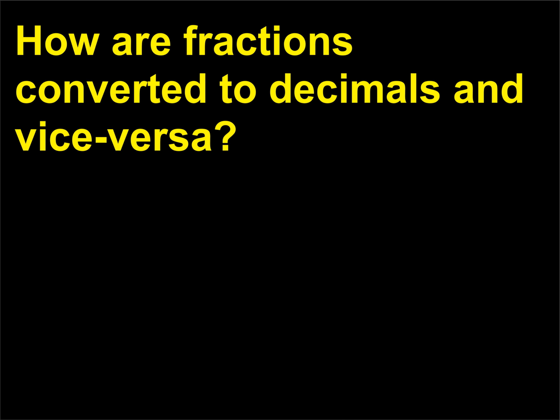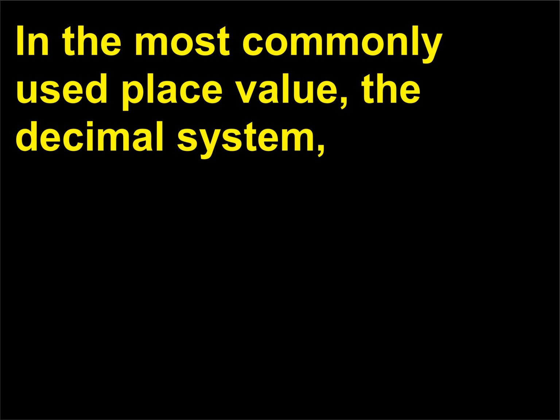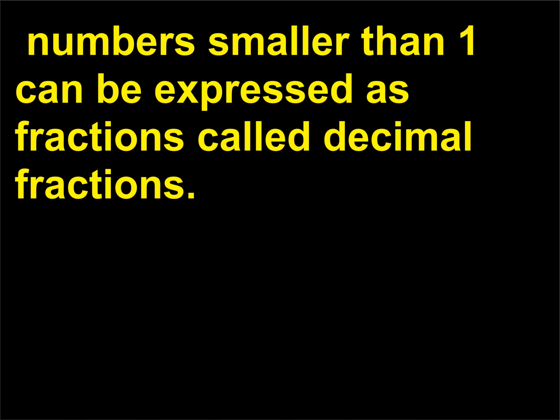How are fractions converted to decimals and vice versa? In the most commonly used place value system, the decimal system, numbers smaller than 1 can be expressed as fractions called decimal fractions.